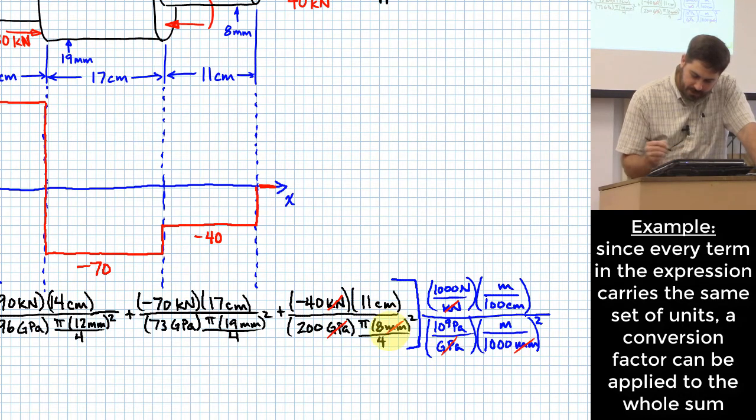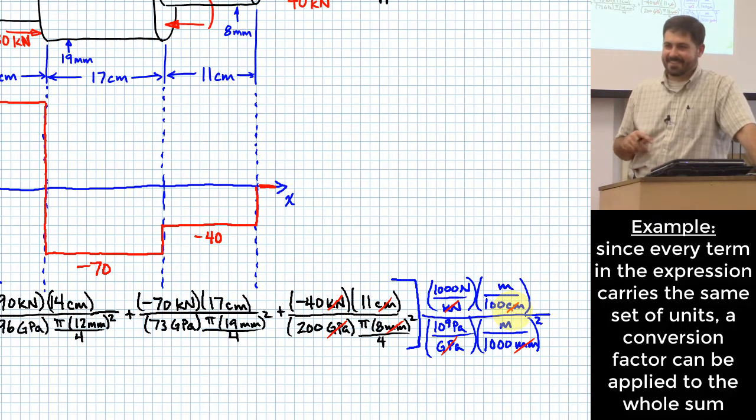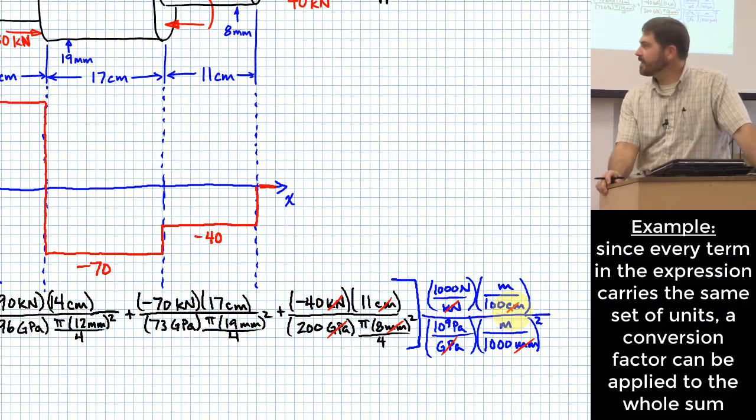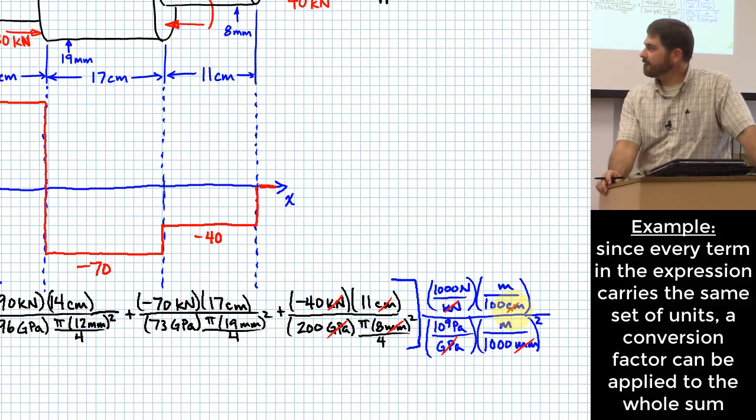Some of you know what that's like. Okay, there's centimeters gone, right? I have meters squared in the denominator. Okay. And a meter in the numerator. Is that right?